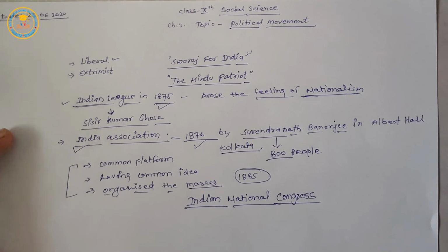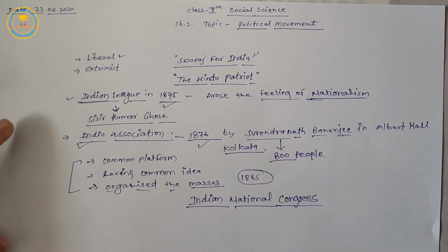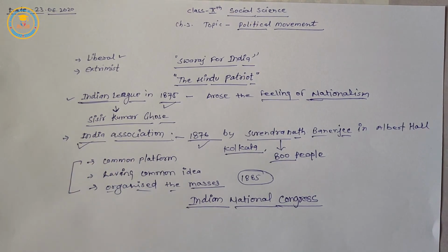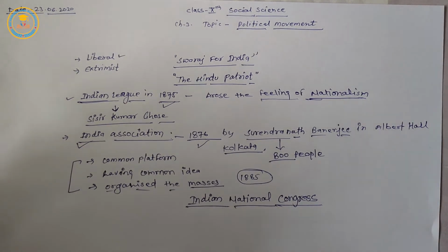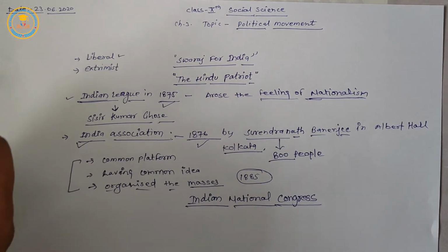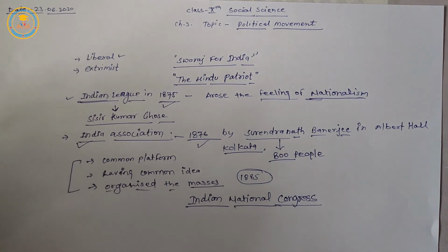Now the next point is the Indian National Congress. The political development which had been going on in India from 1858 resulted in the formation of the Indian National Congress.